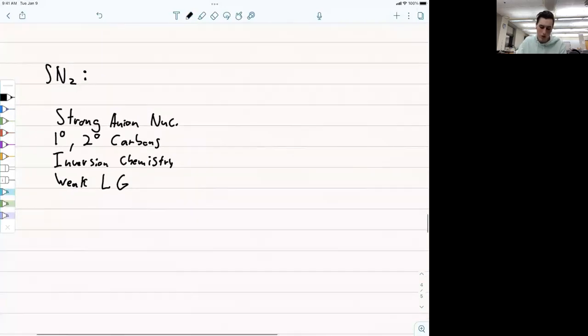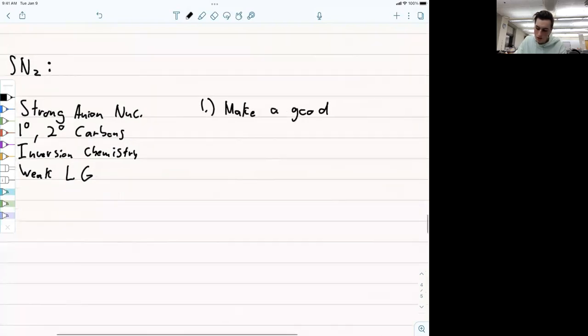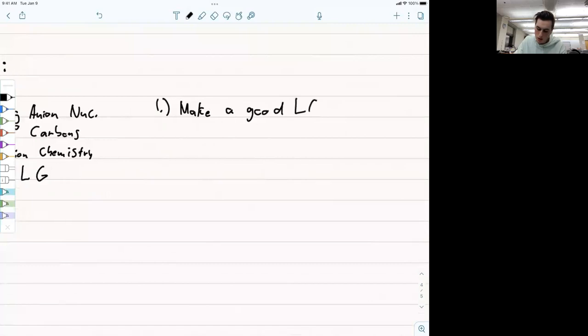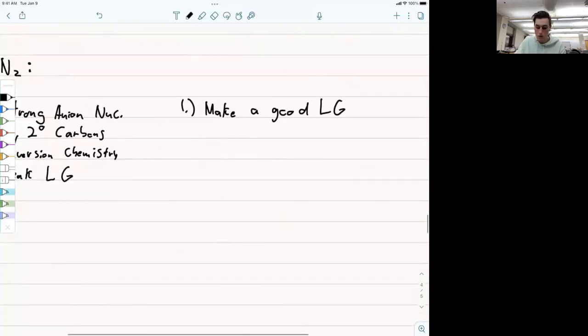But for SN2, the first step is gonna be to make a good leaving group. That is not always the case that you have to do that, but it can happen. We'll go over an example where you do have to make a better leaving group.